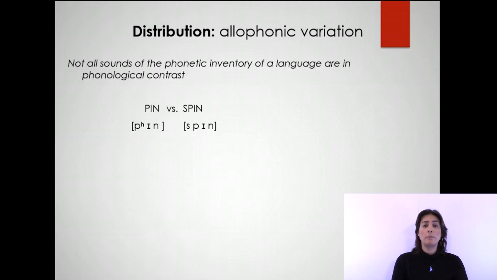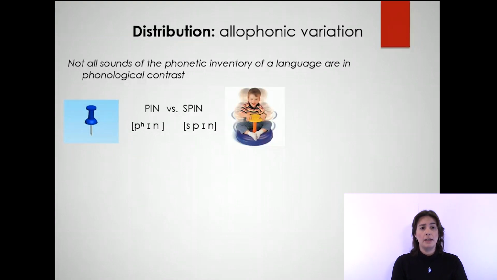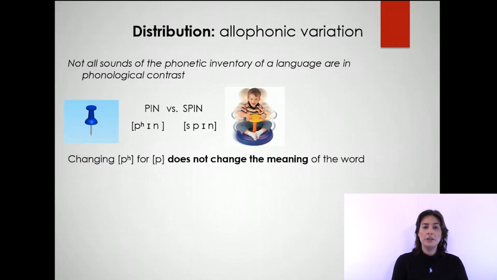So, while pin and spin have different meanings, this is a pin and this is to spin, and there is a clear phonetic difference between aspirated p and non-aspirated p, changing aspirated p for non-aspirated p does not change the meaning of the word.